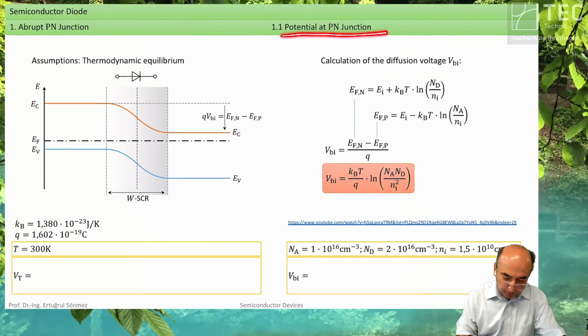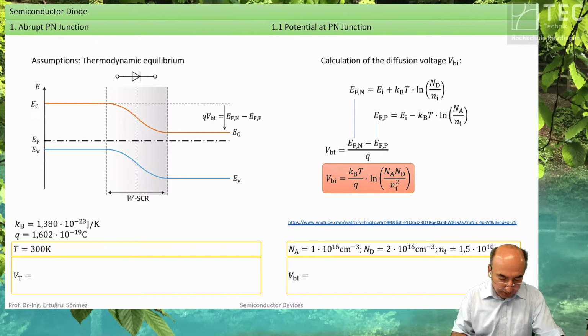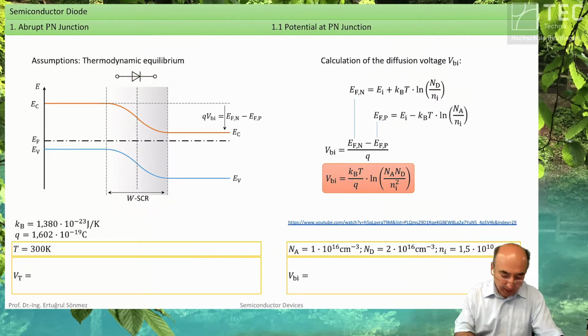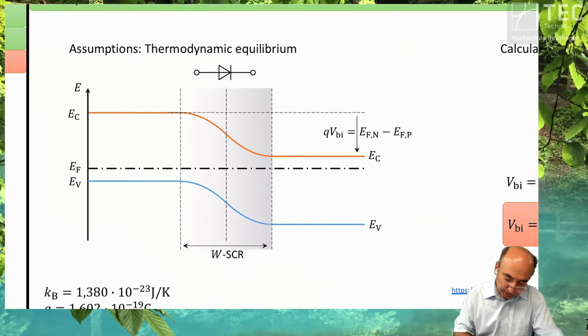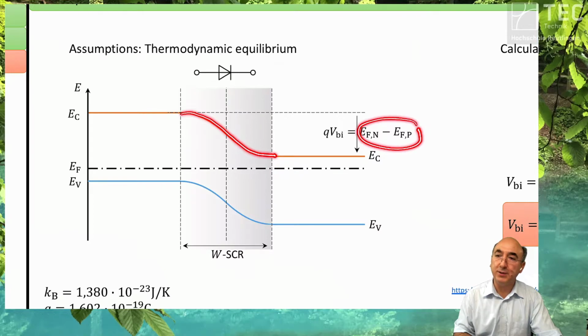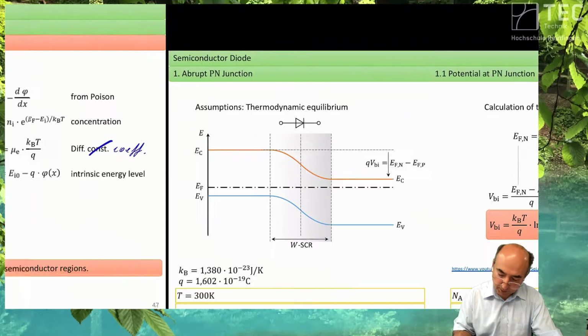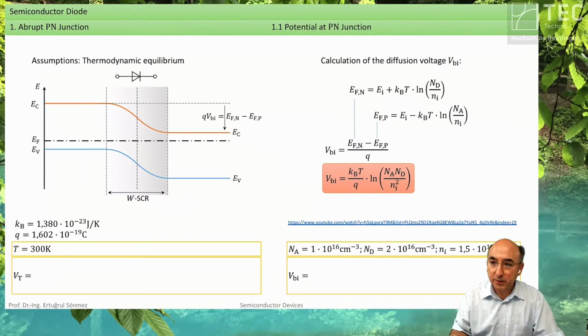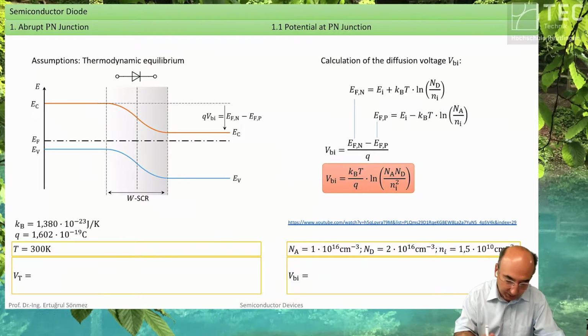We want the potential at the p-n junction. We want to calculate this stuff. I said that the so-called band bending is the difference in the Fermi energy levels. And we know all equations about these Fermi levels, also on page 48.